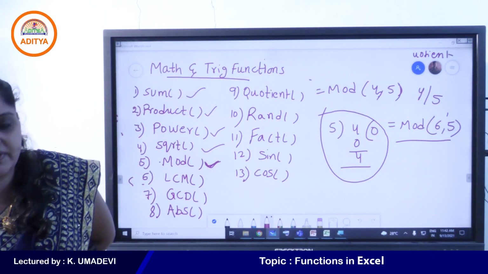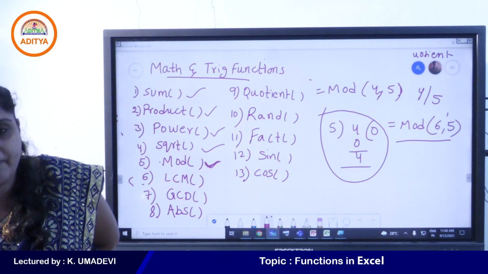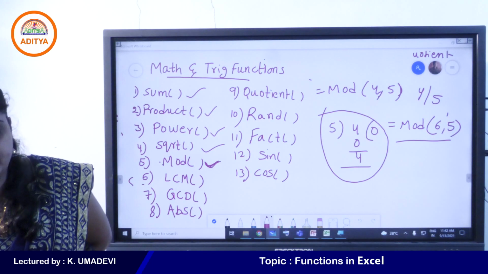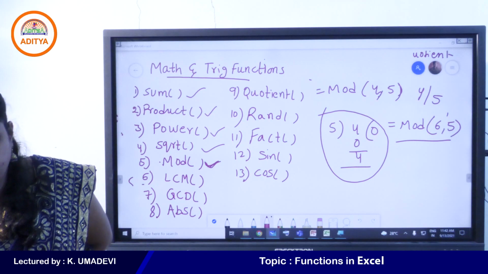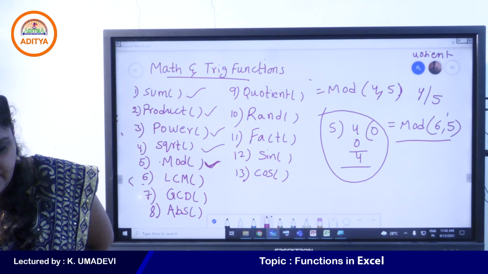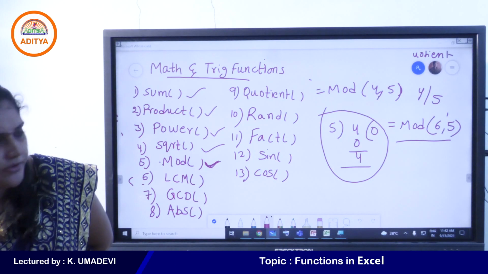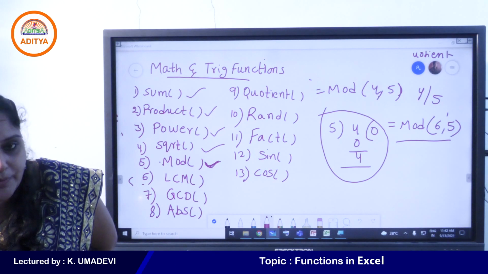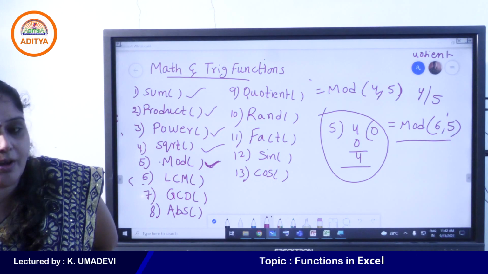So what is the result of this example? Mod of 6, 5. Here the numerator is greater than the denominator.